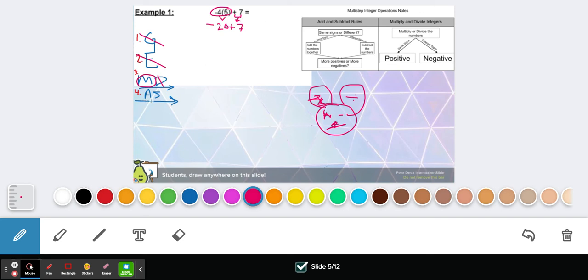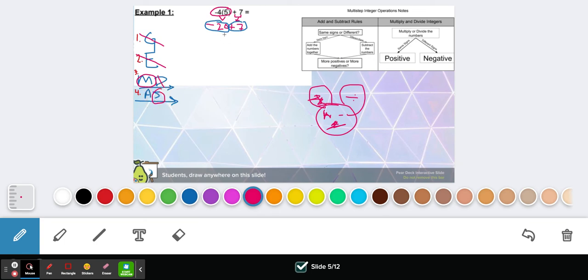And now I'm left with addition or subtraction. Okay, so here, what we need to do is, before I do anything, I need to circle my numbers. And then here, I am adding or subtracting. So it says here, same signs or different. So I see that my signs are different, so I need to subtract. So actually, instead of circling my addition, I'm circling subtraction because that is what I am doing, okay?